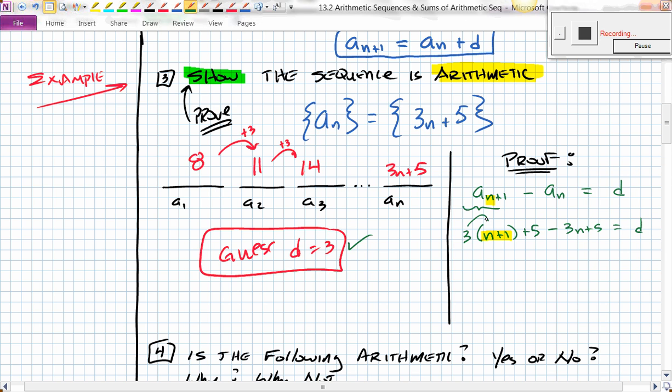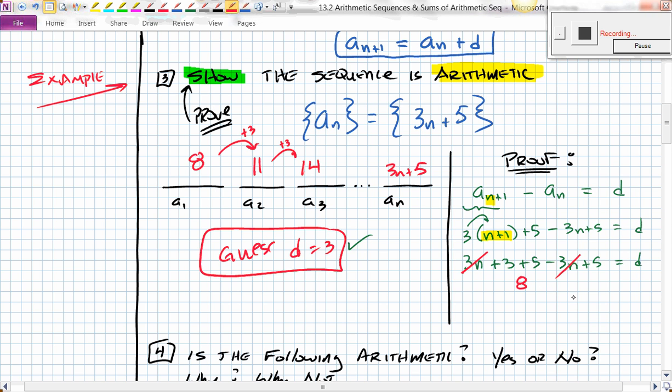Okay, using the distributive property, I get 3n plus 3 plus 5 minus 3n plus 5 equals my common difference. Well, notice here 3n minus 3n goes away, and then I've got 3 plus 5 is 8. So I'm left with 8.